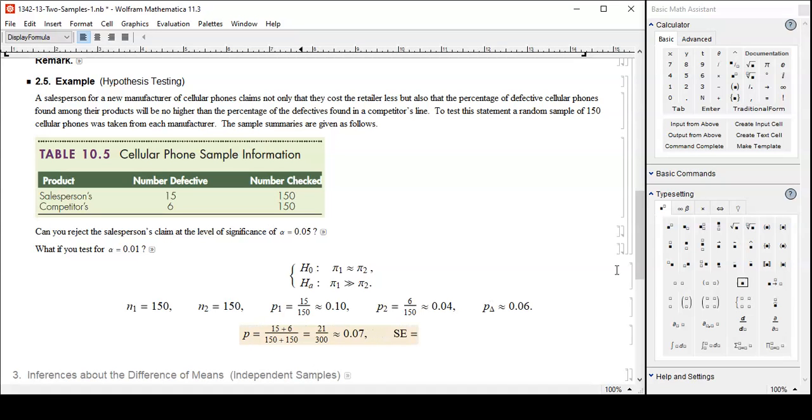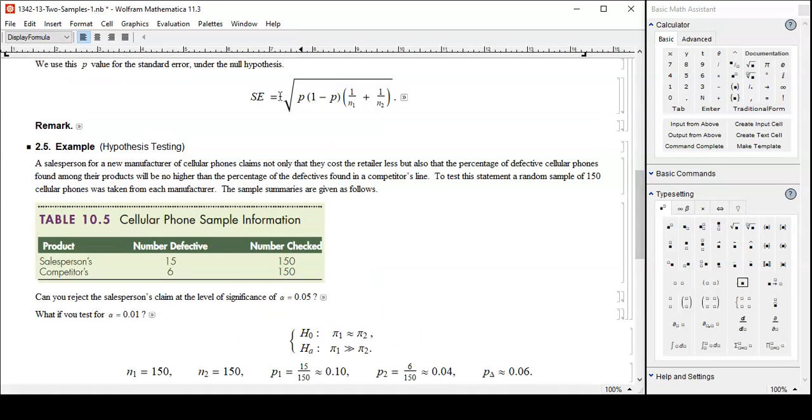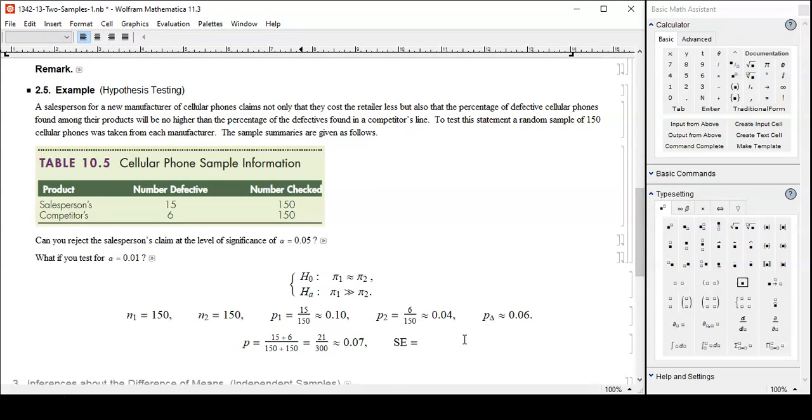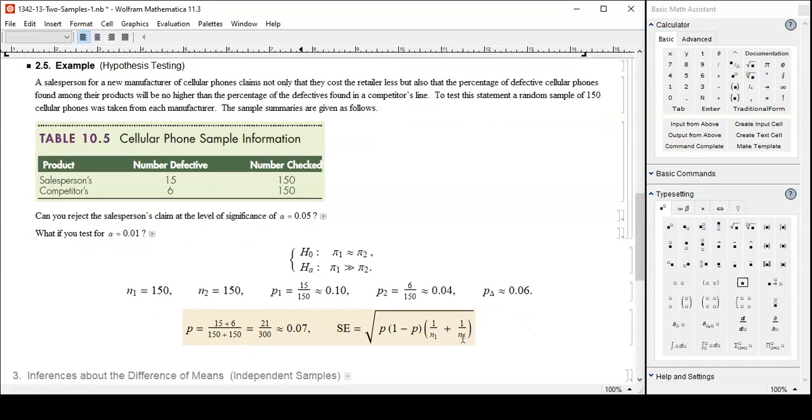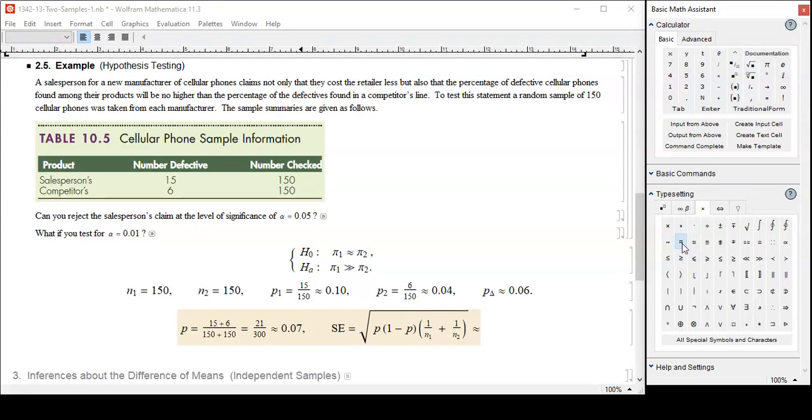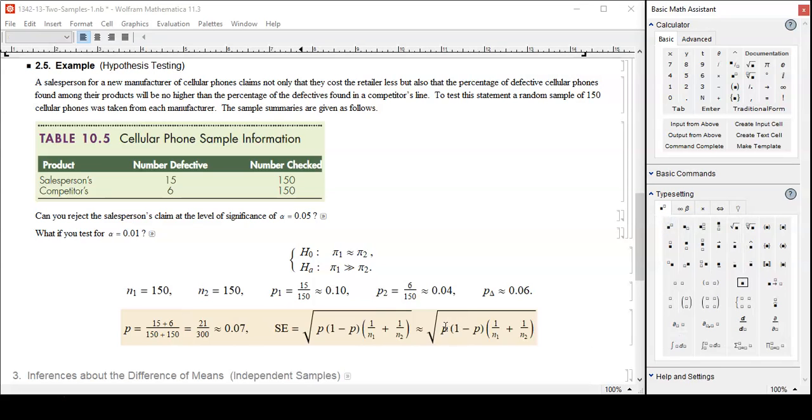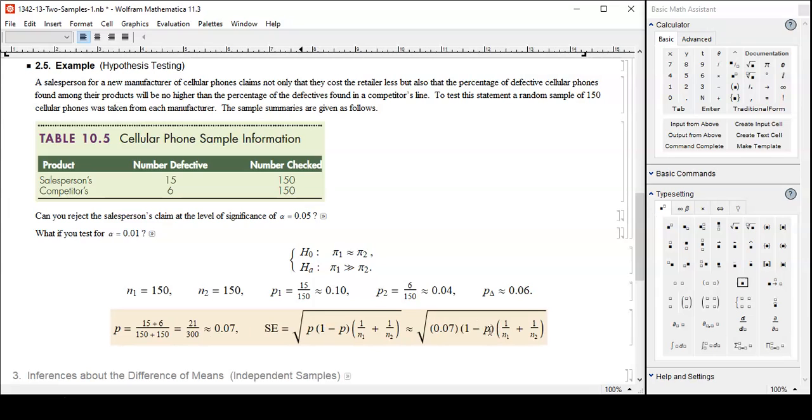Therefore, we can do this SE computation. And that's approximately equal to, let's see, p is 0.07, right? 7%, times 1 minus that, and then times 1 over 150 plus 1 over 150.